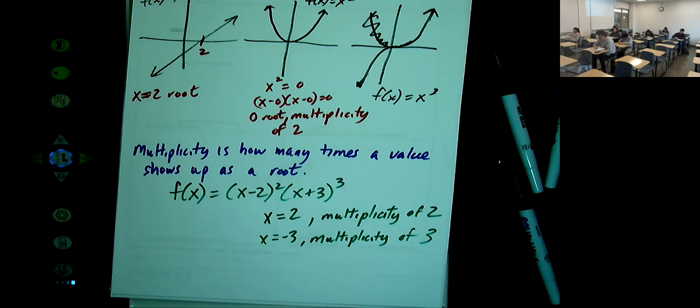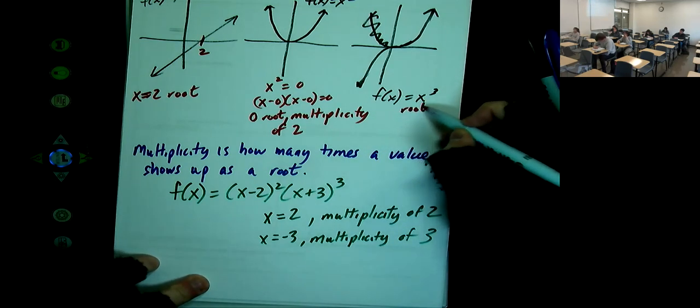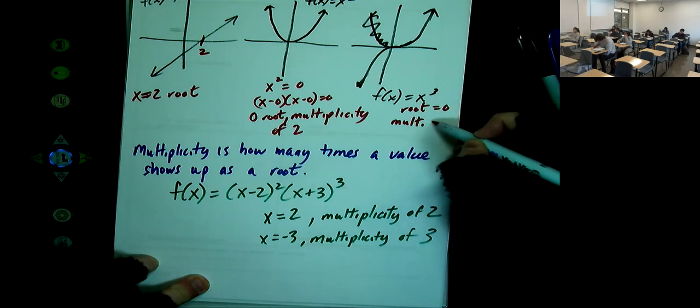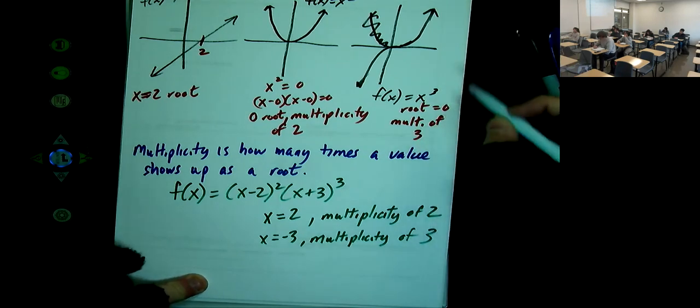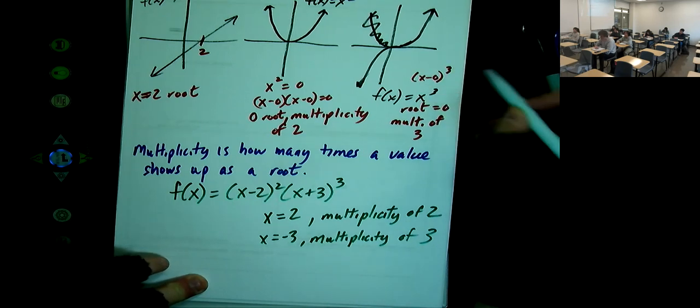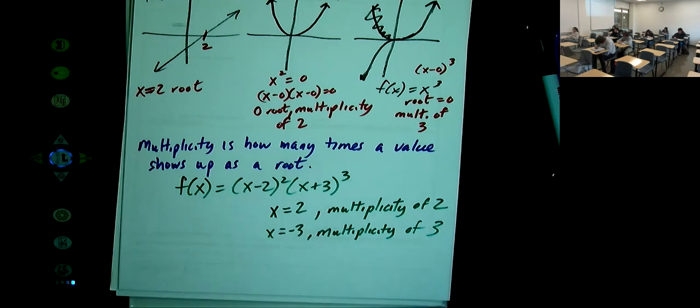If I go back up and look at the x cubed, the base graph of x cubed has root 0 with multiplicity of 3, because I could really write it as x minus 0 cubed, if I want to make it look like this factor kind of thing.